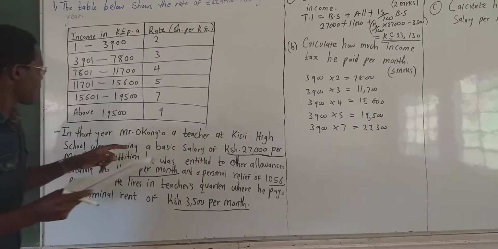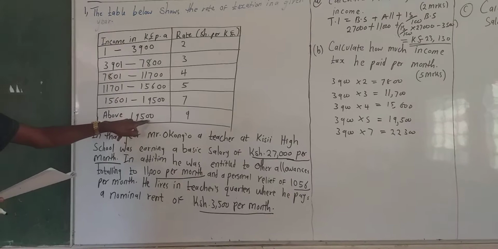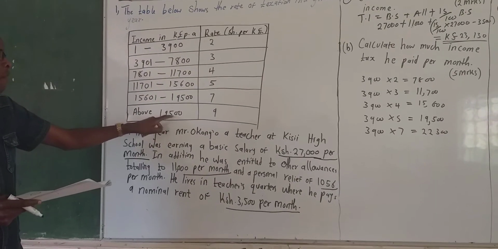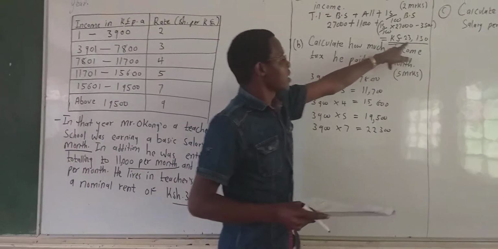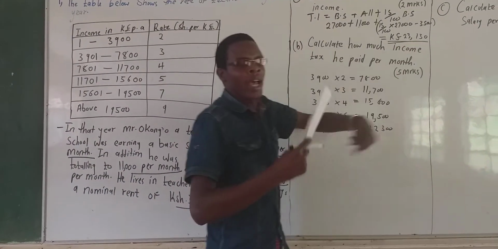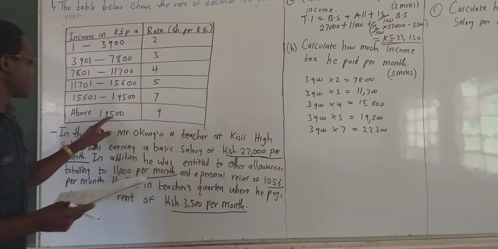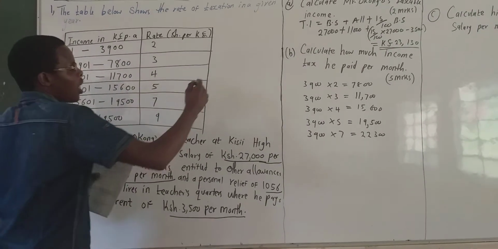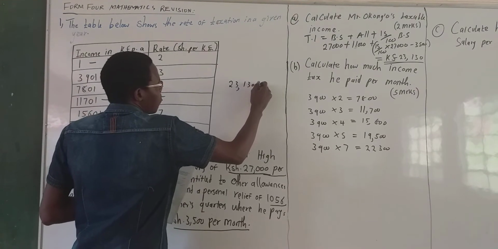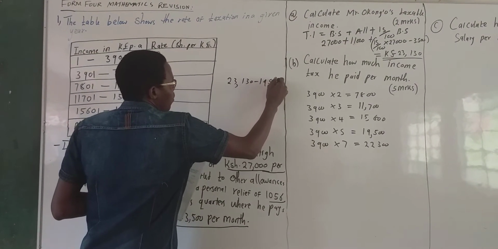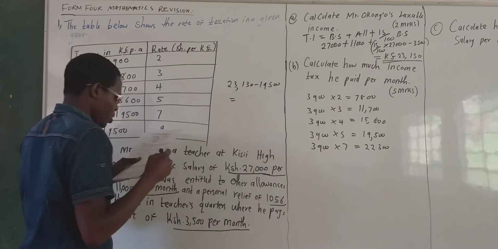Then lastly, we have anything above 19,500. In our case, we have 23,130. So anything which is above 19,500, we have 23,130 minus 19,500.